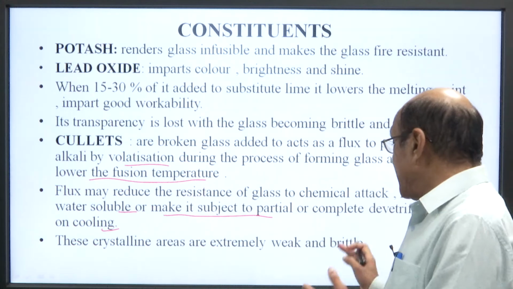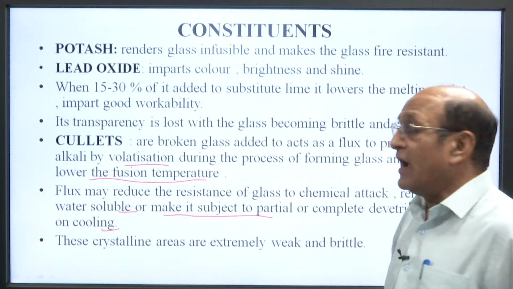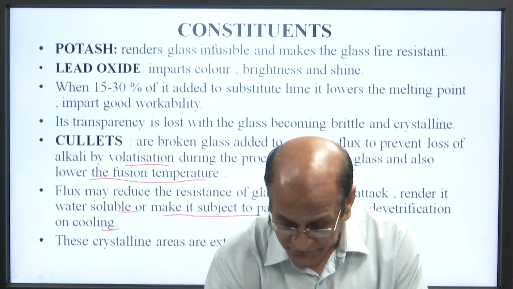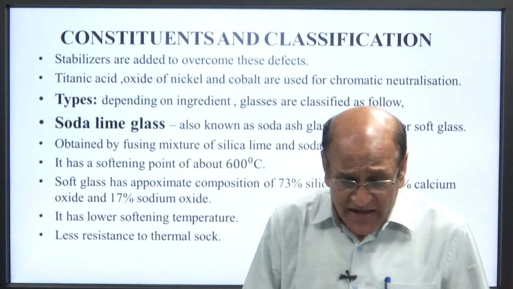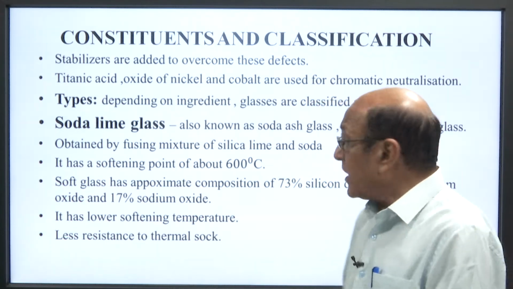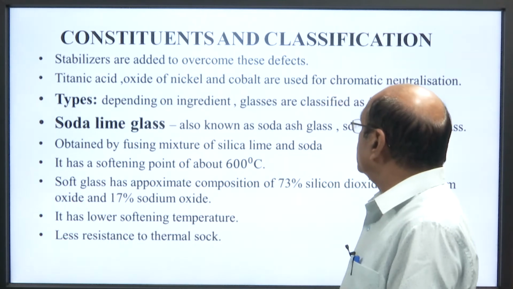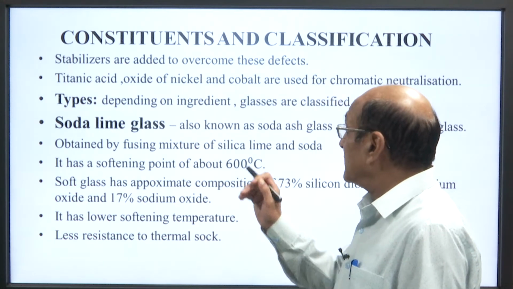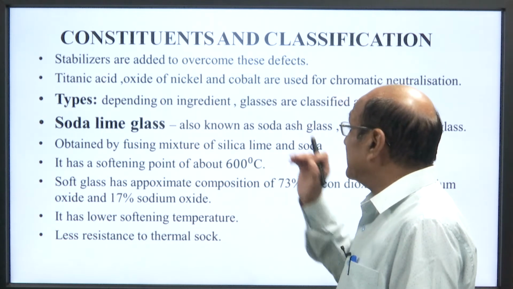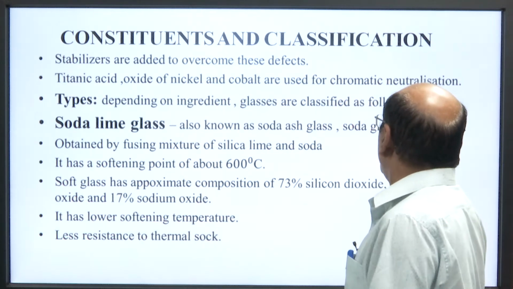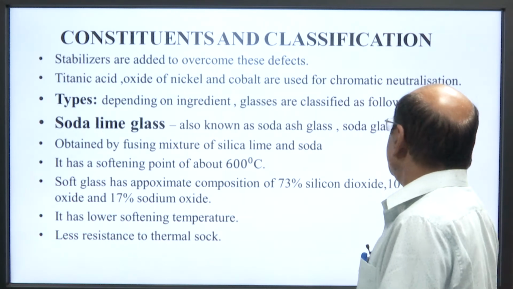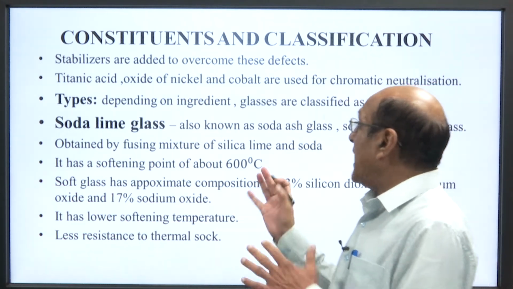These crystalline areas are extremely weak and brittle. Stabilizers are added to overcome these defects. Titanic acid, oxide of nickel and cobalt are used for chromatic neutralization.